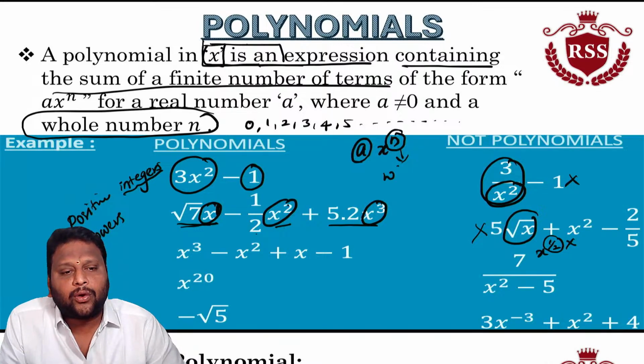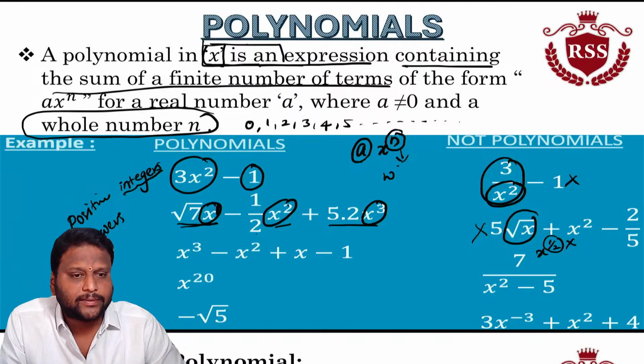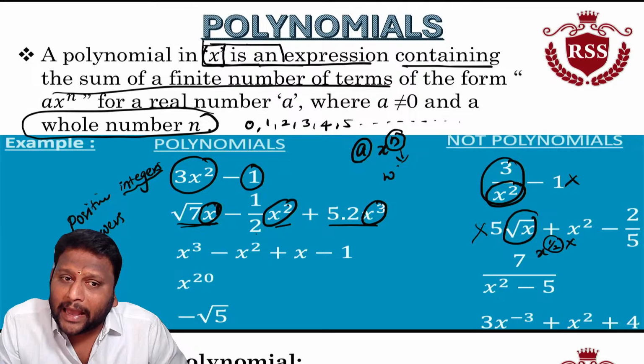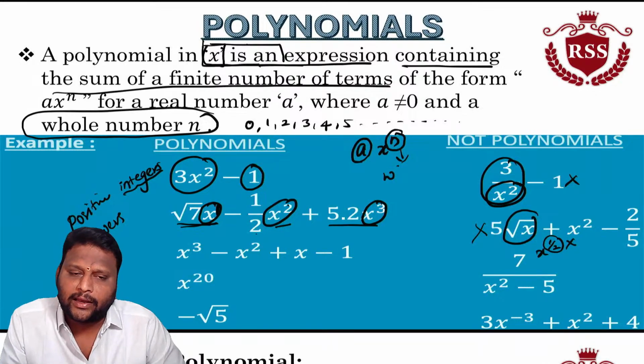If we are good at the words present in the definition, then we can easily find out what the concept is. A polynomial in x is an expression containing a sum of a finite number of terms.